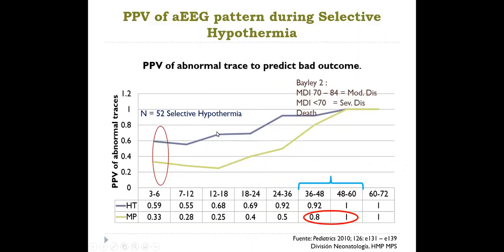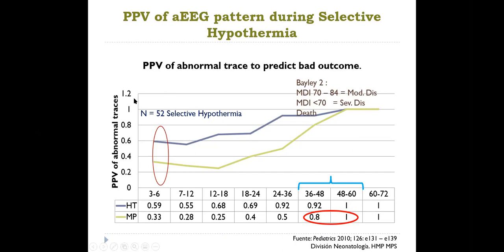Okay, in our protocol, we make the same design, and the time window was 3 to 6 hours, 7 to 12, 12 to 18, 18 to 24 hours, 24 to 36, and finally every 12 hours until 72 hours.